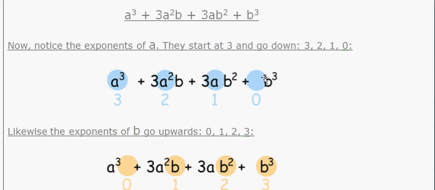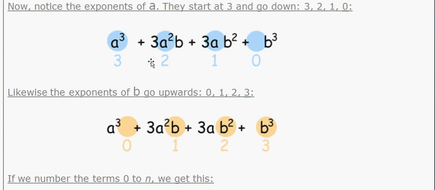Now coming to b, the power of b was 0 first, which is the least power, then it increased by 1, then again increased by 1. Okay, and at last it reached 3, and a power decreased to 0. So what we came to know is that the a power goes downwards and the b power increases upwards.